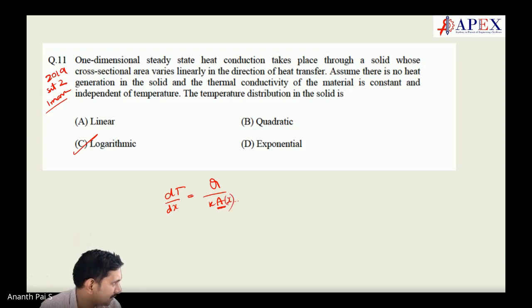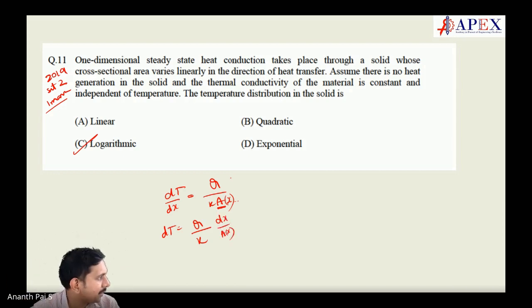So when you integrate something which is a function, you have to have a logarithmic, is it not? So dT is equal to q by k into dx by A of x. Something which is in the denominator has to go as log, right?